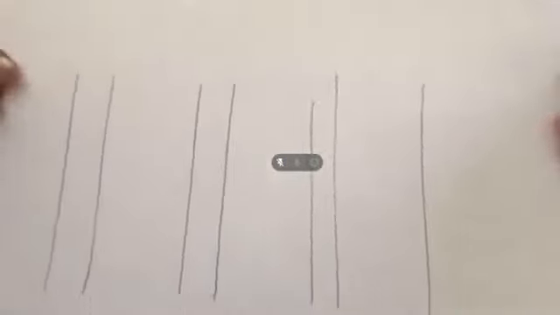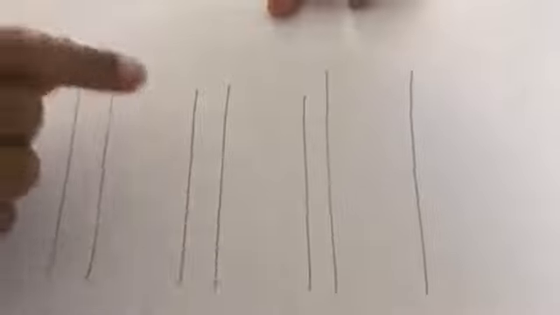There are three sets of parallel lines and an independent line. My question is, where is the independent line? Towards the right or towards the left? Yes, right. This is the tendency for us to perceive closer things together, right?